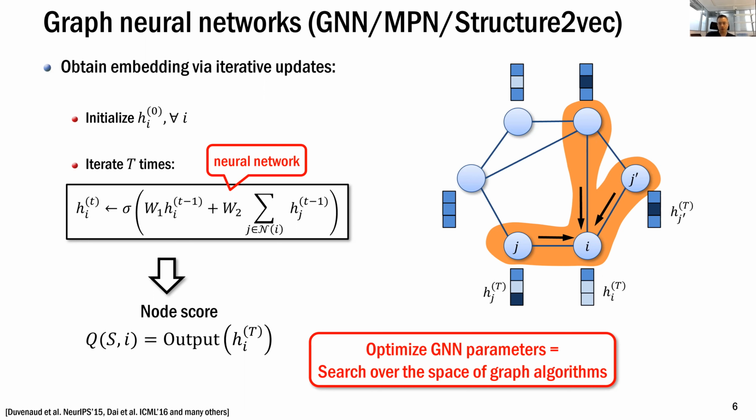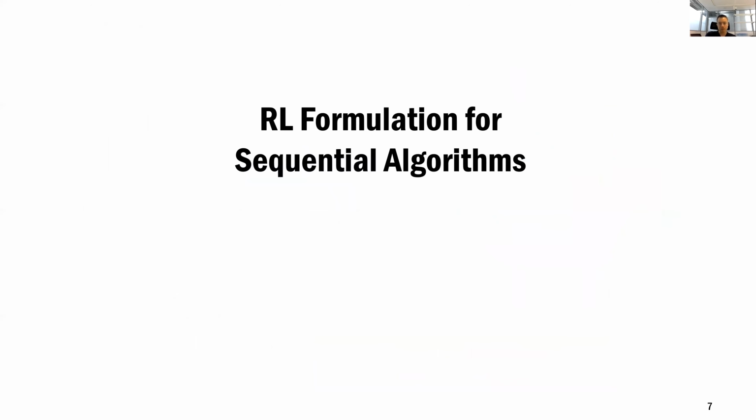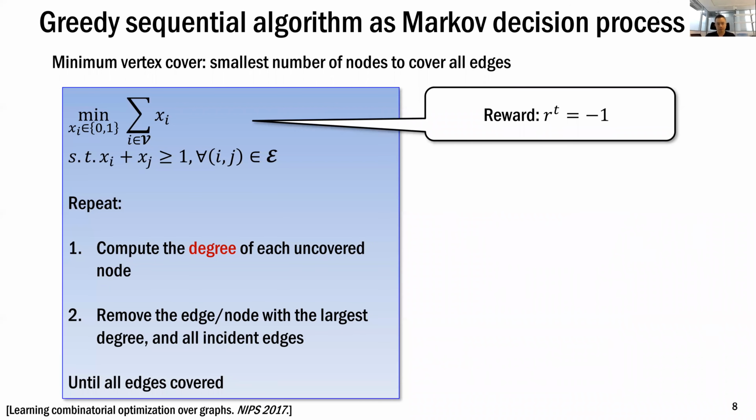Let's first look into the first aspect. How do you frame a graph algorithm, especially a sequential algorithm, as a Markov decision process, and learn with reinforcement learning for graph algorithms? So I'm going to look back at this running example of the minimal cover problem, where you're trying to minimize the number of selected nodes subject to the constraint that at least one end of every edge is selected.